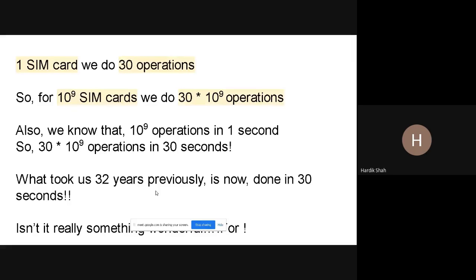The solution says we can search the SIM cards only, and we can link the Aadhaar card numbers and the Aadhaar card details in that link. So we will have to do only 10 to the power 9 operations to find the SIM card and the details associated with it as well. So it will only take us 1 second. But again, there is a problem.